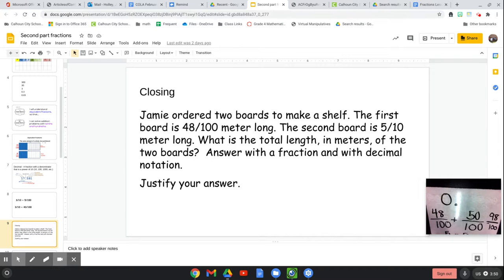There's not a whole amount. 98 hundredths meters long. And how I know my answer is correct is because I made them have common denominators, and I know that it's almost a whole meter.